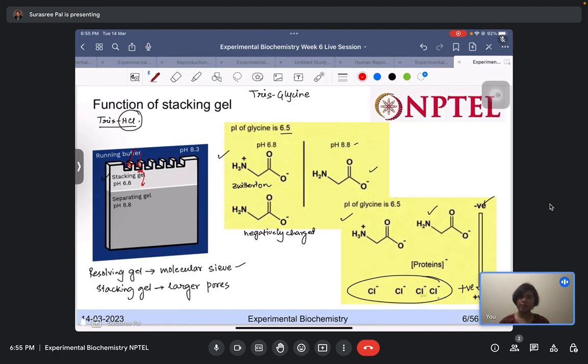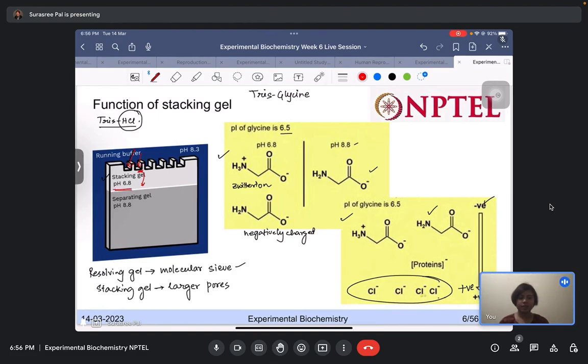So this stack formation will not happen, and when we pass electric field through the gel, the protein molecules will begin to migrate randomly, because of which there will be no precise resolution.